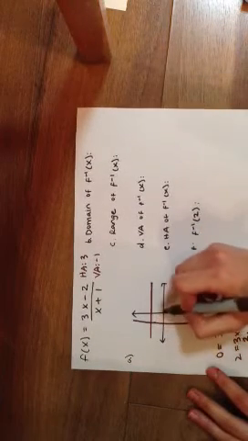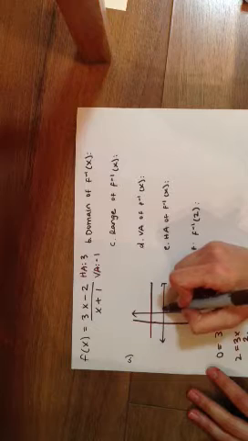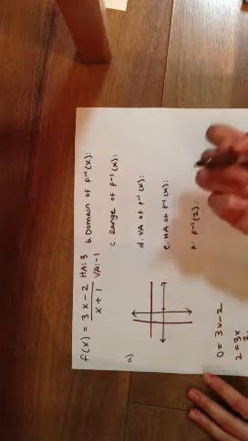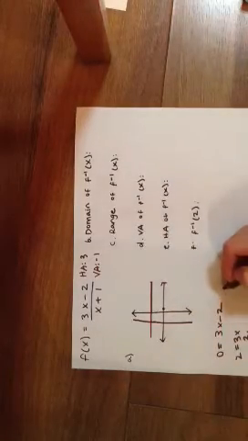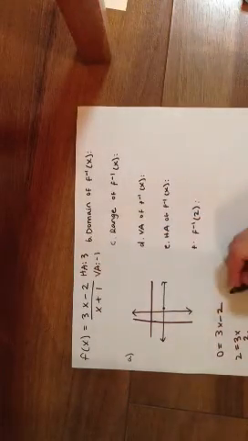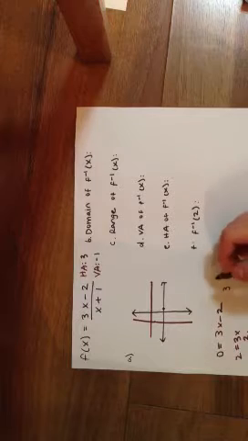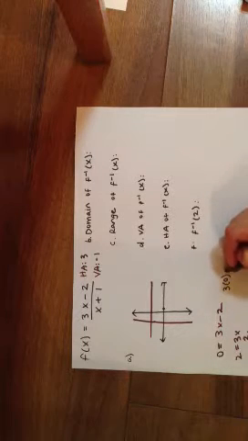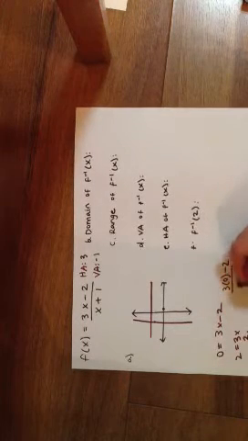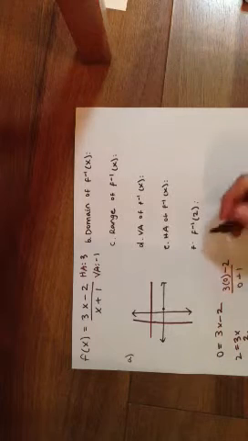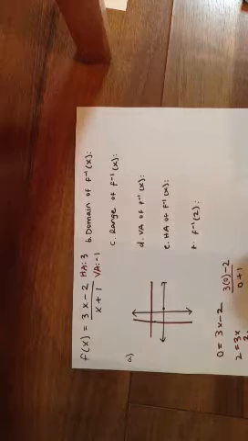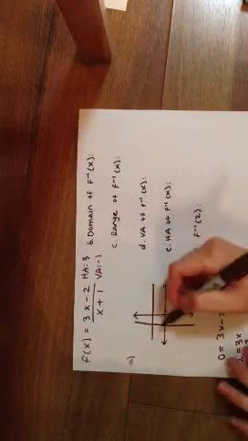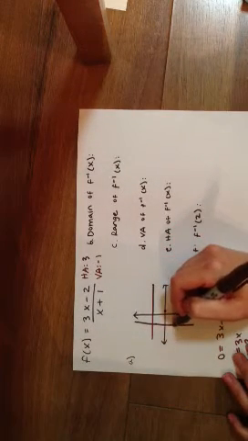That's approximately over here somewhere. And to get the y-intercept, you substitute the x values with 0. So 3 times 0 minus 2 over 0 plus 1. You get -2 over 1. So that would be somewhere over here.